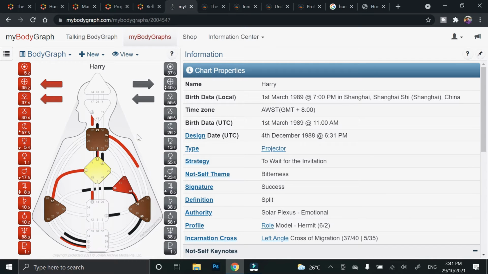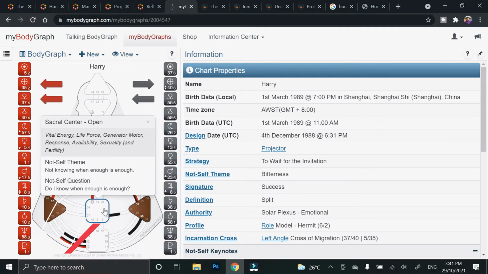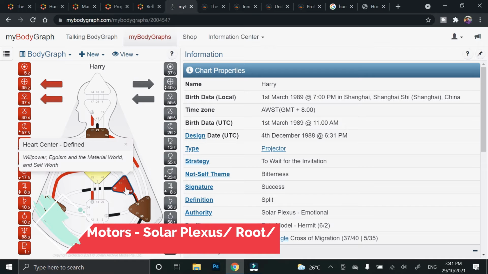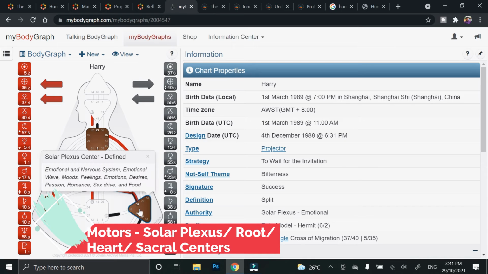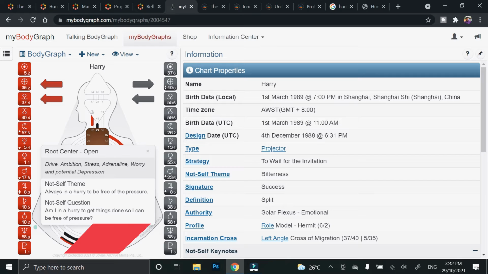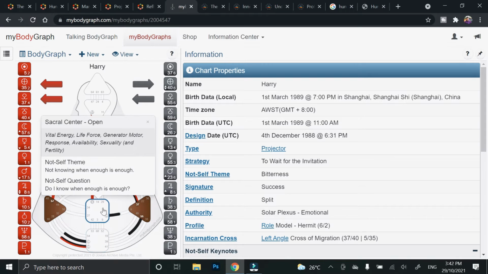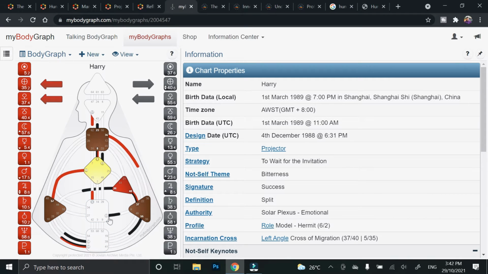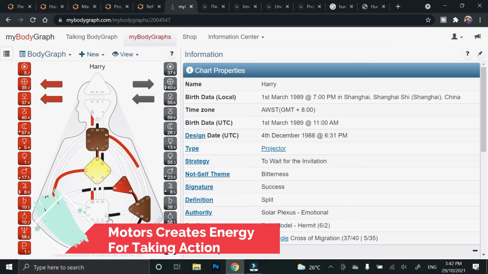So whenever you hear me or anyone else referring to motor centers, it will always be one of these four energy centers: the sacral, the heart over here, then the solar plexus, as well as the root center over here. These are the four main energy centers because they create energy for taking action. So some people also call them the motivational centers.